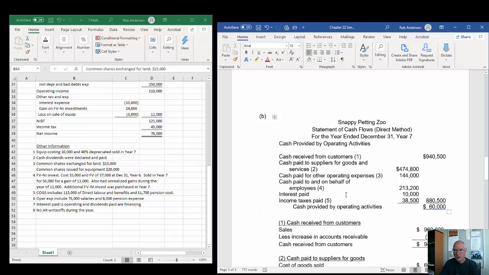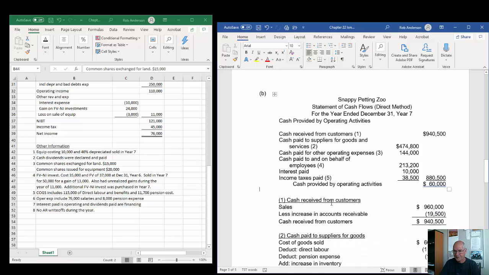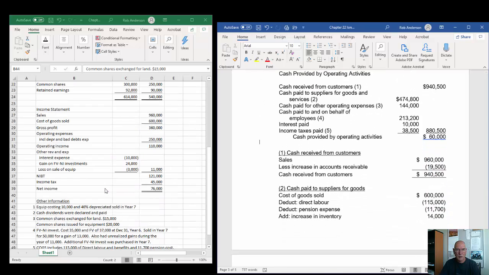So let's just look at cash paid to suppliers for goods and services. We're going to start with our income statement, cost of goods sold, and we didn't pay our employees as a supplier, so we need to back off the direct labor and the pension expense.